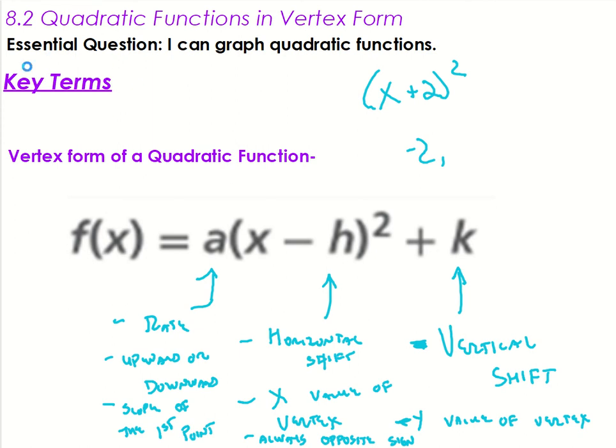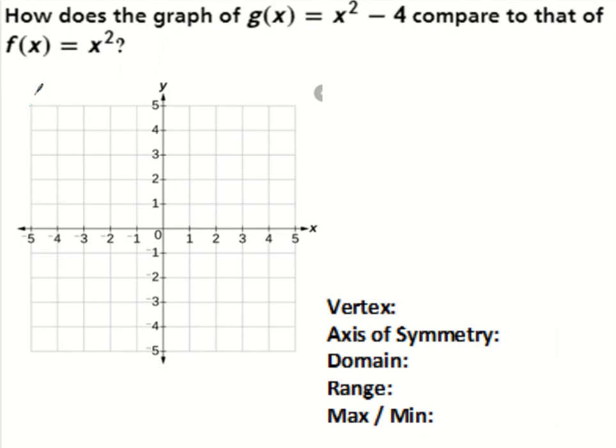But let's just start looking at it. In the past, like when we did absolute value, I had you make a table and graph to see what this minus 4 does. Well, we're not going to do that. I just told you what it does. If we ever have a shift of x plus or minus inside parentheses with the square on the outside, that's the horizontal shift. This doesn't have that.